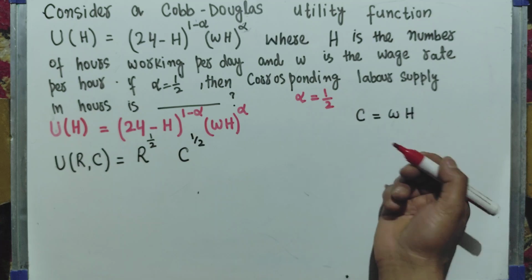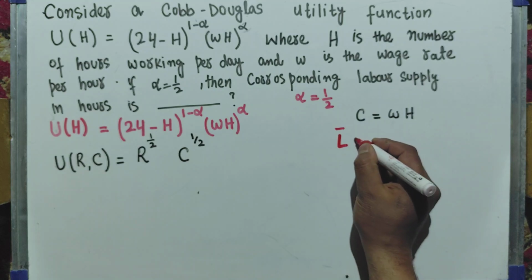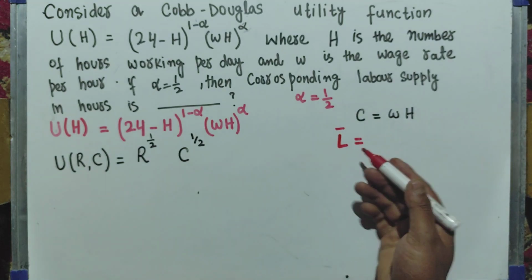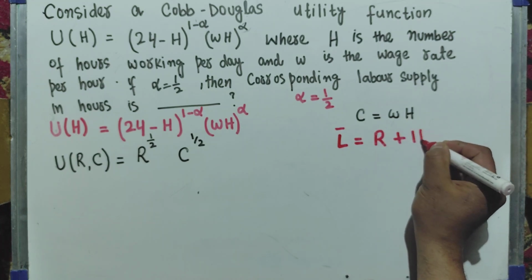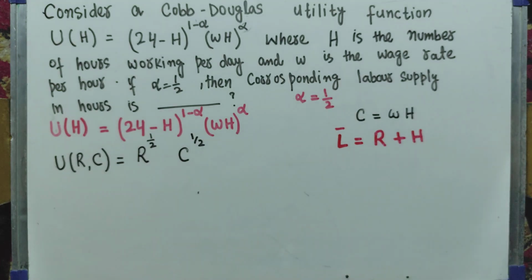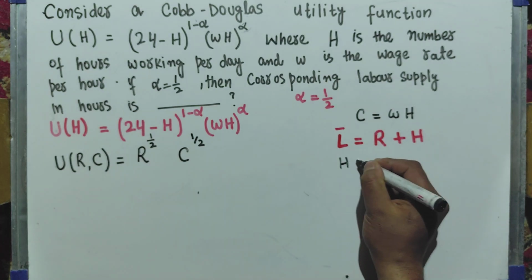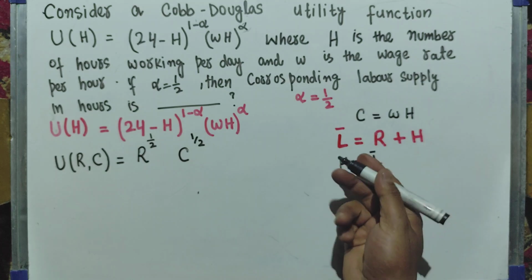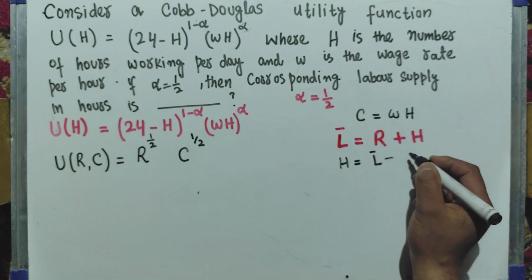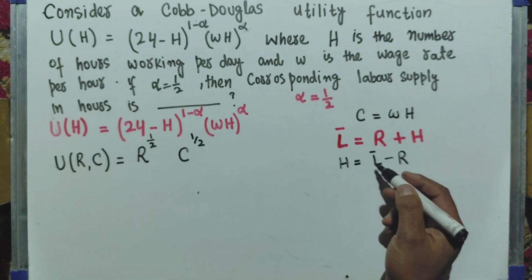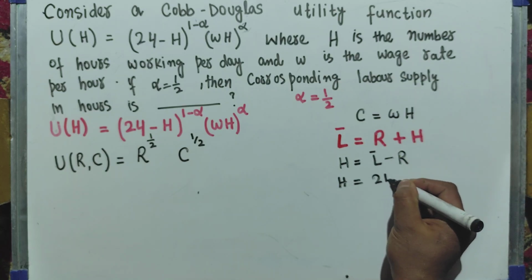And we also know that L bar, the total hours available, will be equal to the hours used for leisure plus the hours used for working. Now if I solve this for H, can I write H is equal to L bar, which simply denotes the number of hours available, that is 24, minus R? So we have H equal to 24 minus R.